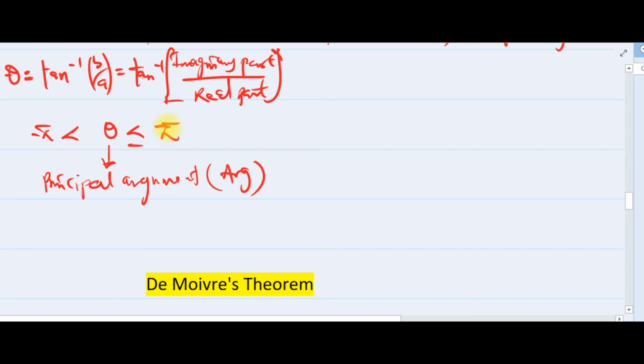Because I told you a complex number has a lot of arguments, since this is trigonometry and we move in a circle, the general argument is always the principal argument plus 2 pi k, where k is 0, 1, and so on. Do you get the rotation? So any argument that satisfies this is not the principal.